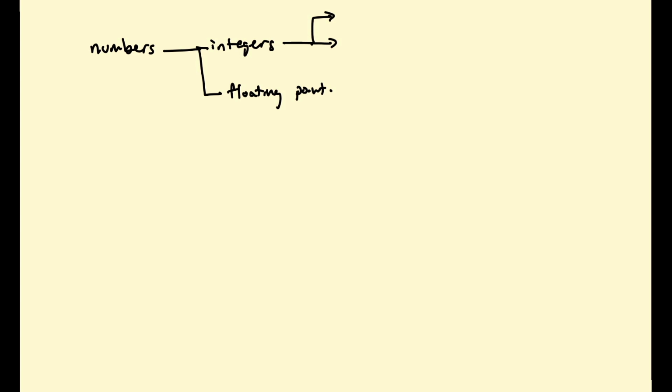And the integers can either be unsigned or signed. So we already have three different categories of things to study. Then we'll also look at letters, which would be characters.